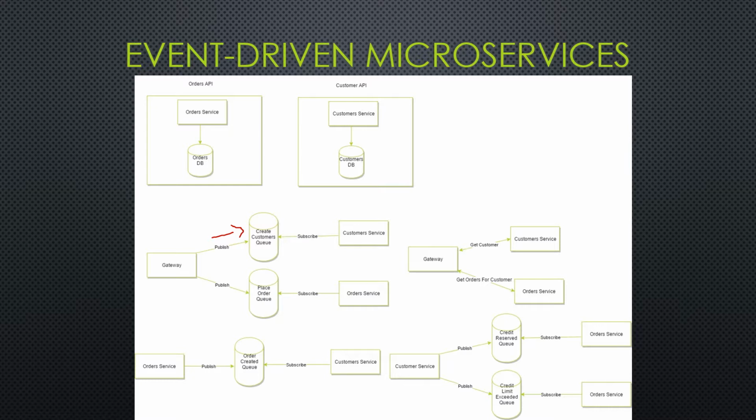So that makes the gateway a publisher to the create customers queue, and we need a subscriber. We need something that consumes that data and does something with it. In this case, customer service is going to consume that data and store it into the database. For example, another use case is an order being placed, right?